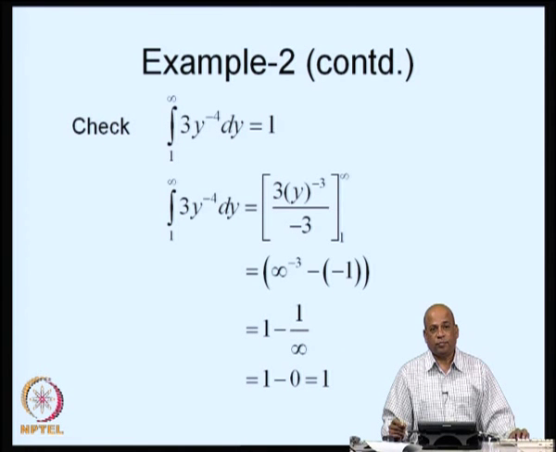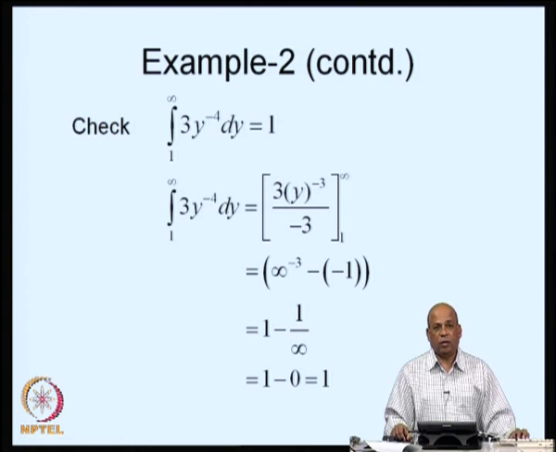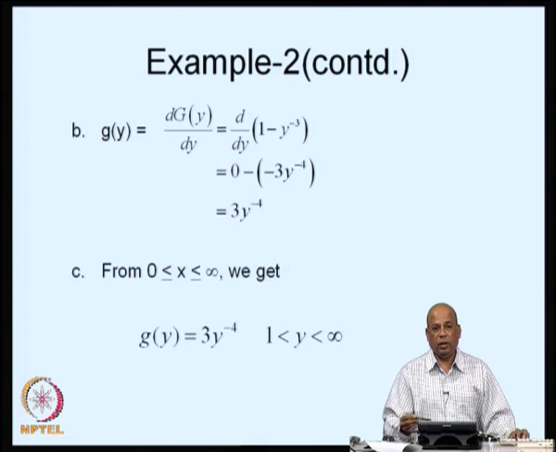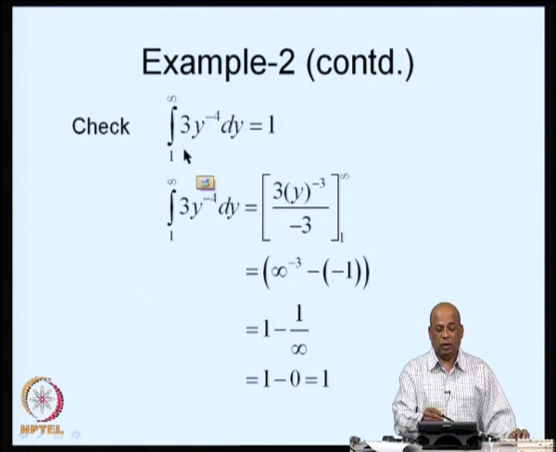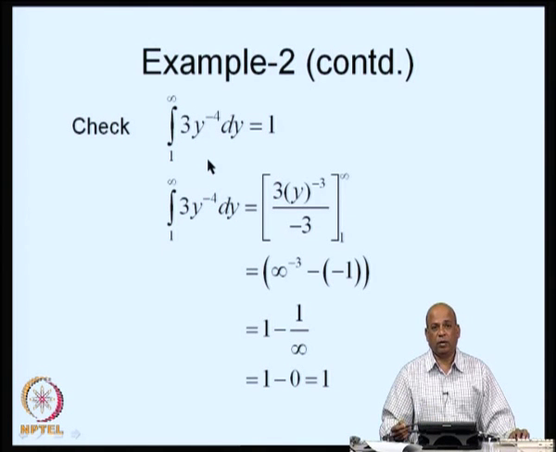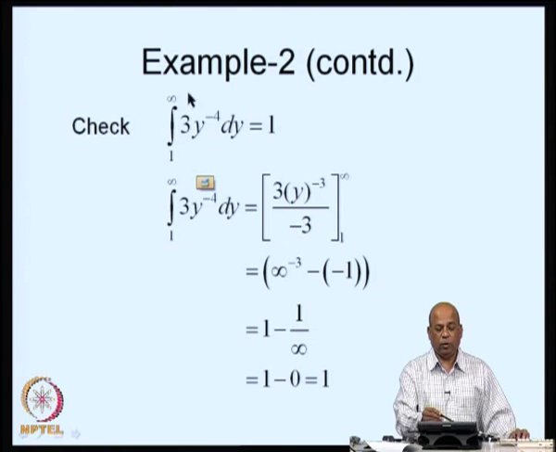Now, this can be more generalized, as we will presently see, but this slide shows that the PDF that we obtained, 3 y to the power minus 4, satisfies the condition that over the region that you have identified, 1 to infinity, the integral must be equal to 1.